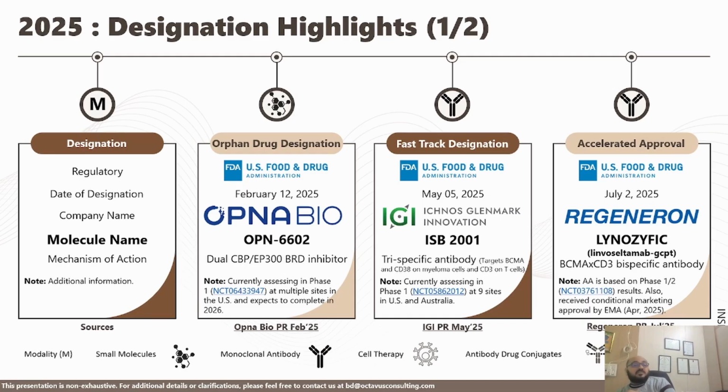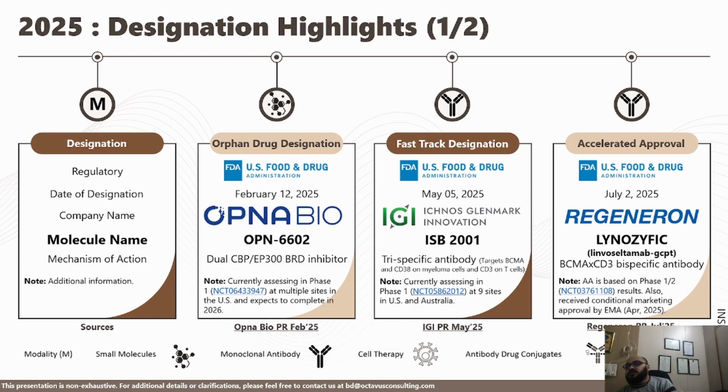It has received ODD. And then Glenmark's molecule, which is ISB 2001, a tri-specific antibody, received Fast Track designation, FTD, in May.